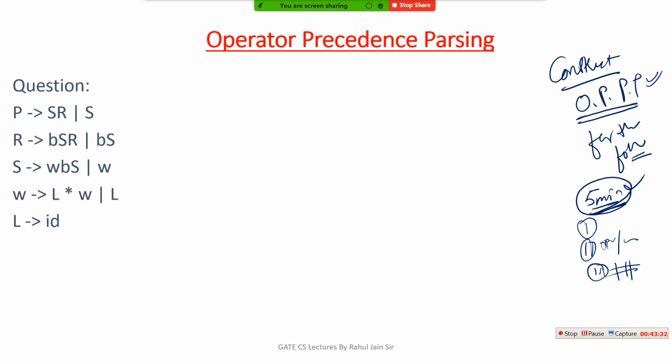So Soumya, you just need to focus on terminals. How many terminals are there in this? You only need to answer this question on the basis of terminals. Because while constructing the operator precedence parsing table, you just need to compare terminals.